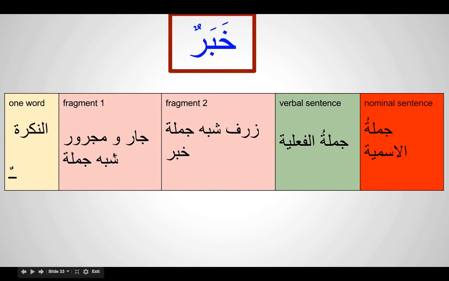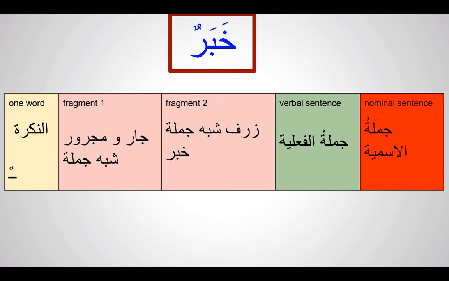So this is what we are looking at: whether it is one word or a combination, and what type of combination, whether it is jar majroor, or zarf and mudaf ilayhi. And we got the whole sentence of Jumlatul Fi'liya coming as a khabar. So we have to identify that. And Jumlatul Ismiya itself can come as a khabar. For example, if I say Ahmadu huwa ibnul muhandis, he is the son of the engineer, so huwa ibnul muhandis is itself a Jumlatul Ismiya coming as a khabar for Ahmadu.